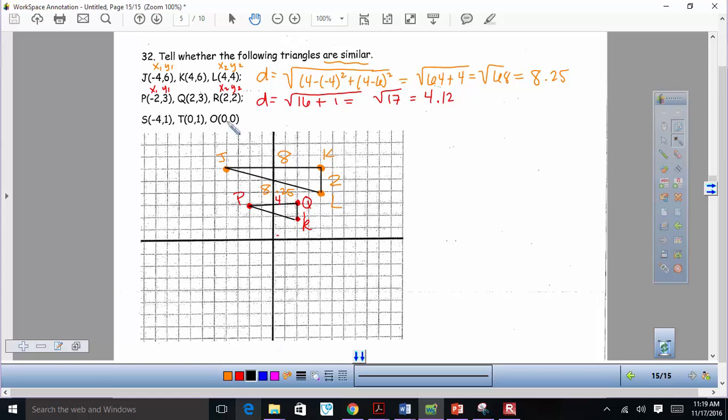Okay, and then the last one, we're going to plot S, T, and O. So S is negative 4, 1. T is 0, 1. And O is 0, 0.